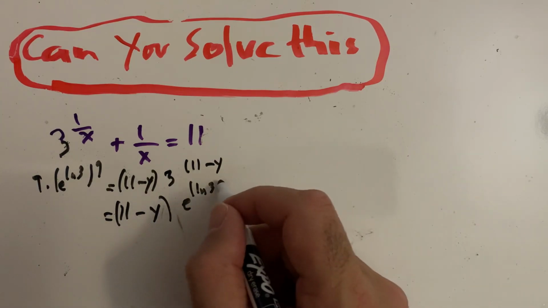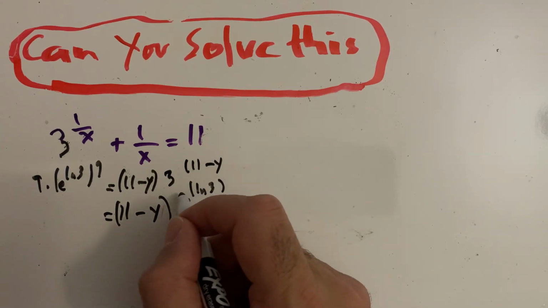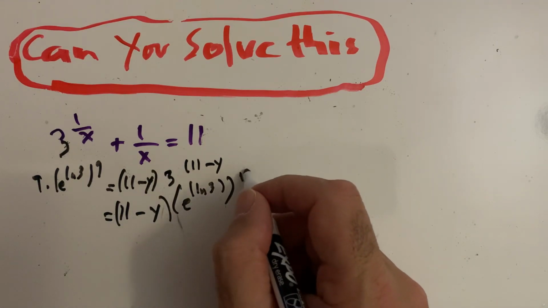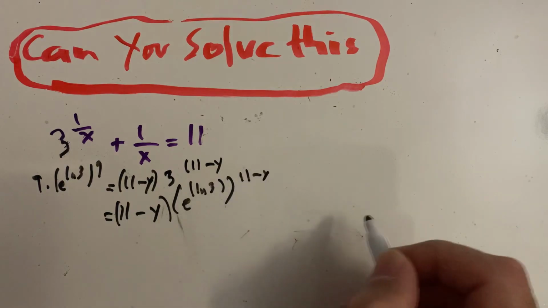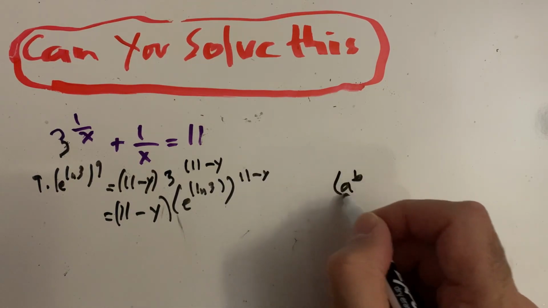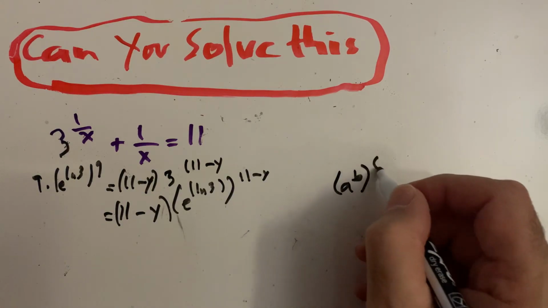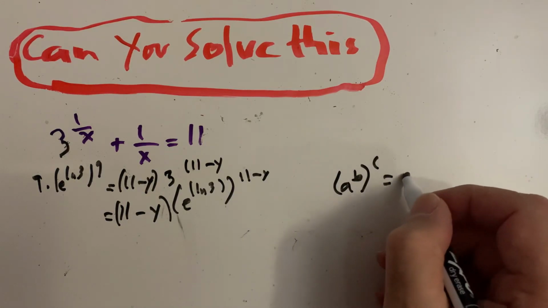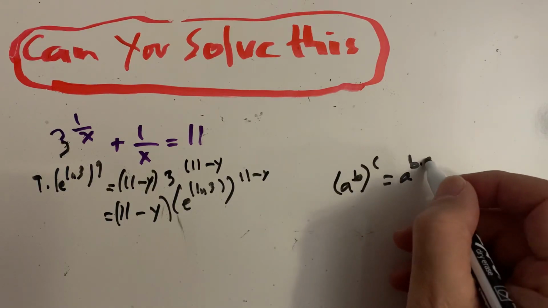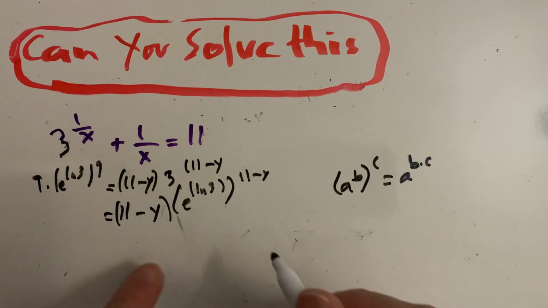So the whole thing, exponential log 3, is raised to the 11 minus y. And the property we have here, a to the b raised to the c, is the same thing as a to the b times c, okay? So we can use this here.